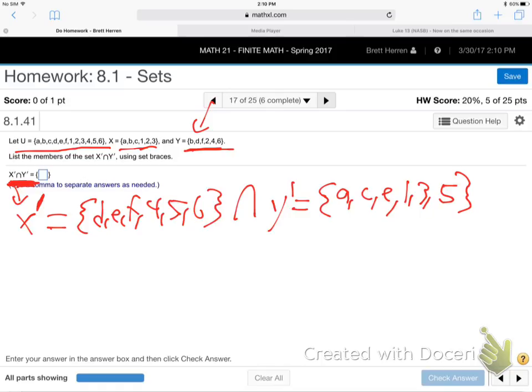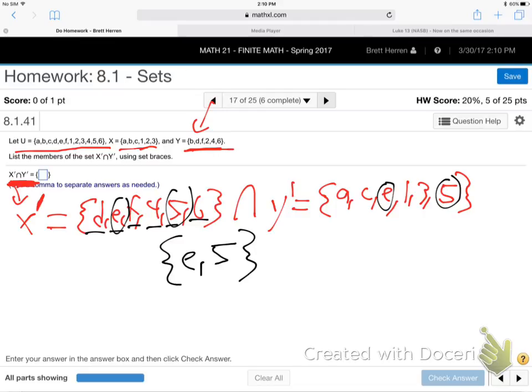Can you tell? Who's in both? Is D, let's just go through it. I don't know. Is D in both? No. Is E in both? Yeah. Oh, yeah, it is, huh? There's E in both. Okay, is F in both? No. Is 4 in both? No. Is 5 in both? Yes. Yes, there it is. Is 6 in both? No. So it's just E and 5.